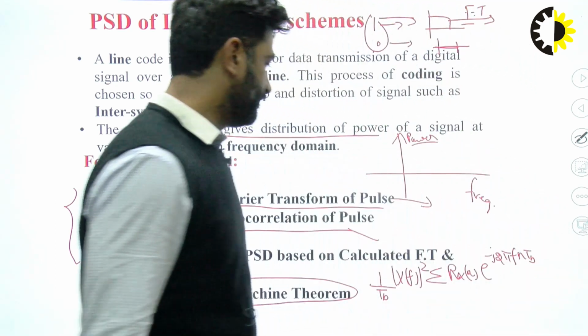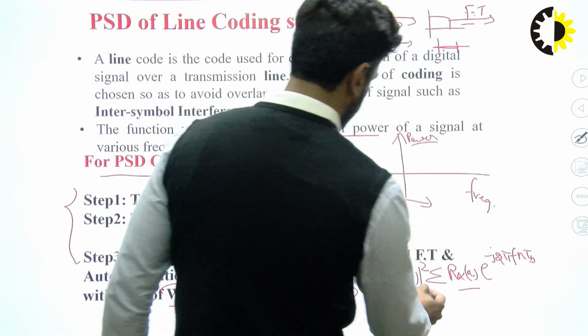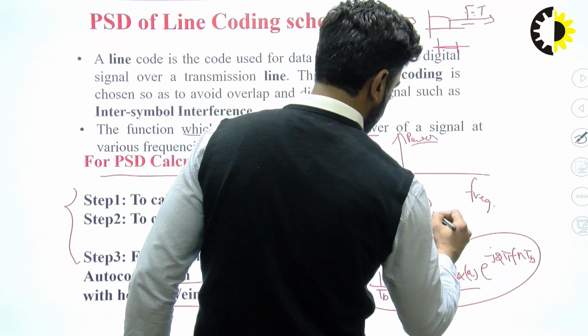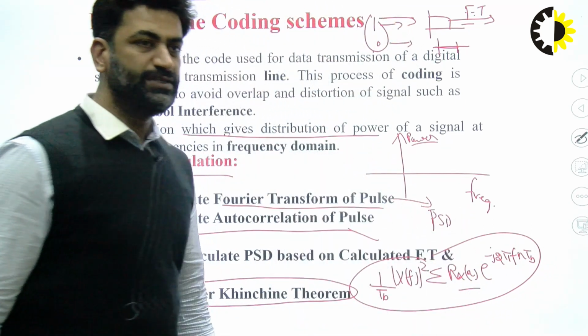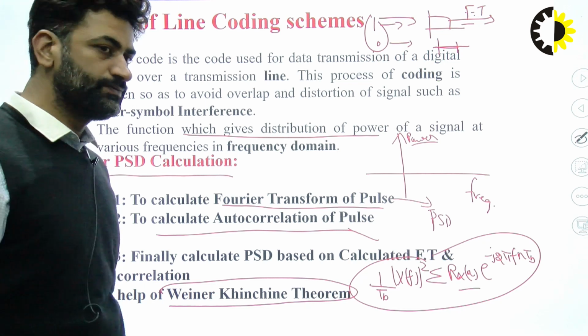We have to take the Fourier transform of this autocorrelation function and apply this formula to find out the PSD for line codes. PSD is a very important parameter for line codes that can be controlled by the line coding technique or the pulse shaping techniques.